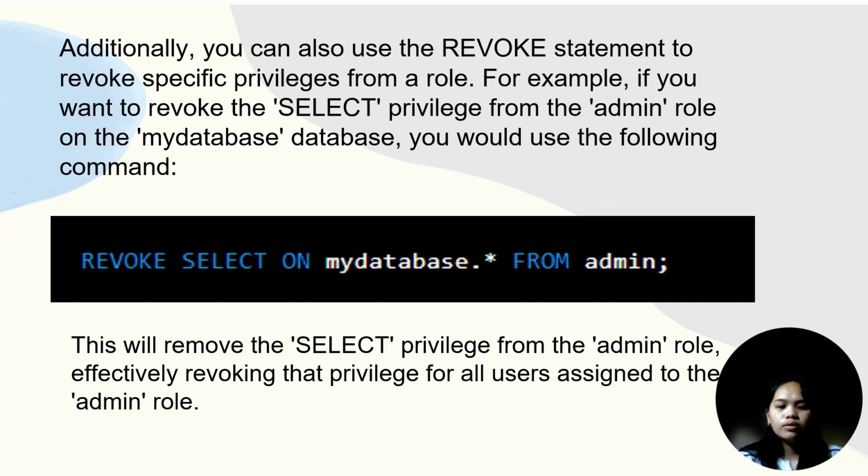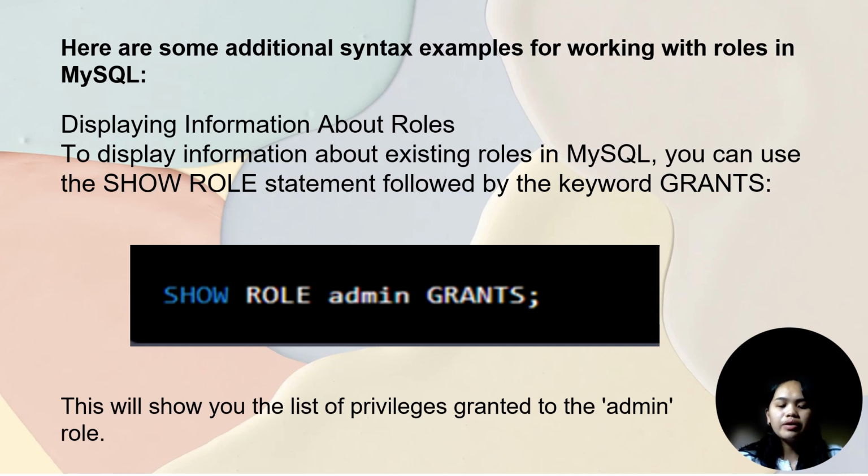This syntax will remove the select privilege from the admin role, effectively revoking that privilege for all users assigned to the admin role. Next, here are some additional syntax examples for working with roles in MySQL.